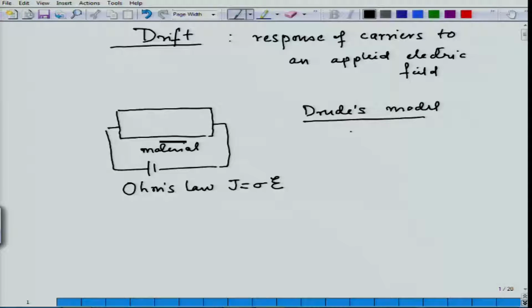In Root's model there were only electrons, and they were responding to the field by getting accelerated.